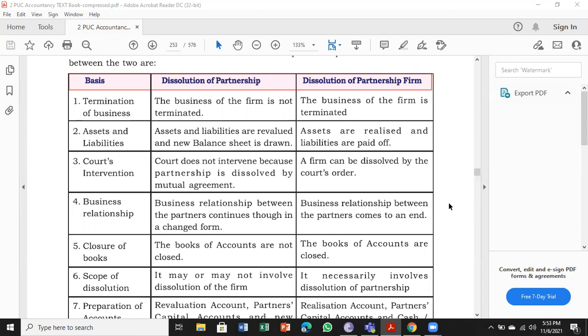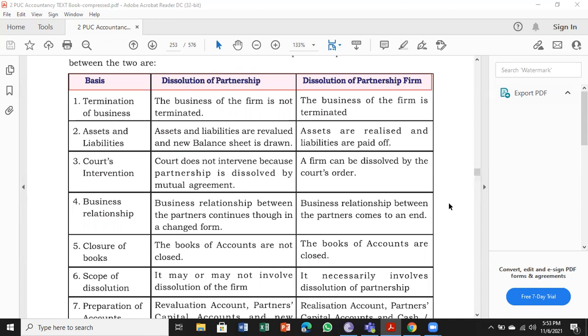It may come for 2 marks theory. You have to write minimum 4 points to get 2 marks. First one, termination of business. Based on that, the business is closed only in dissolution of firm. In dissolution of partnership, business will continue. It will not be closed.